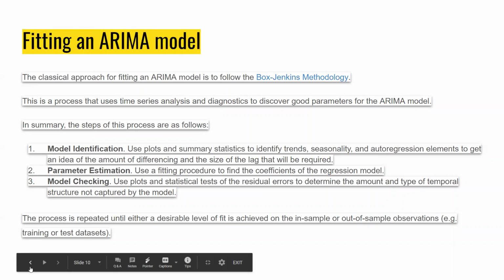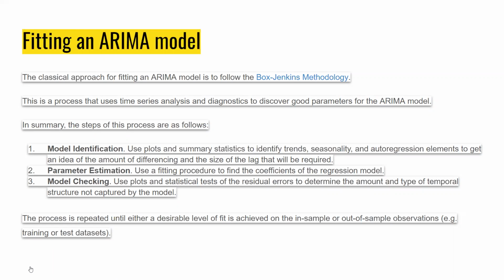They just talk about three steps here: first you have to identify the model and parameters, and then iteratively check the model to find out the best possible model. Since we have statsmodels, we are not concerned about this, but it is always good to know the actual calculation.